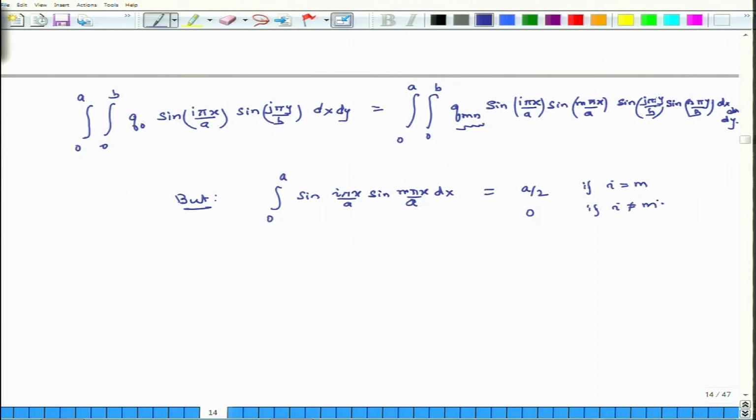This is a standard trigonometric identity. Similarly, for the y integral, this is equal to b over 2 if j equals n and 0 if j is not equal to n.